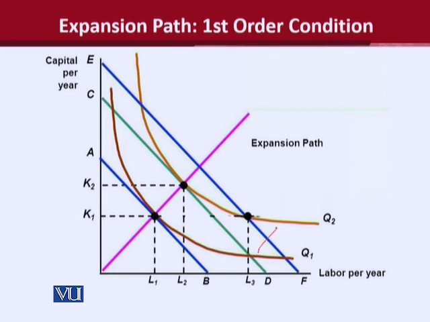As you can see, the output is expanded, but at the same time the inputs have been increased in an equal amount. So this shows the long run process of the expansion of the output. The scale of production is being increased.